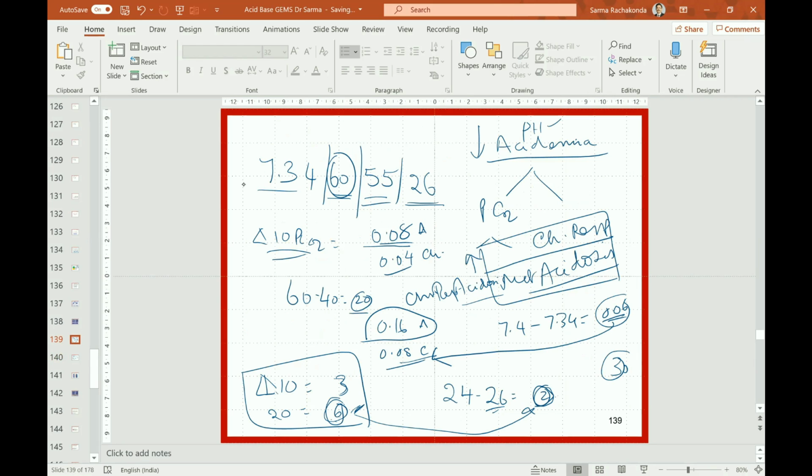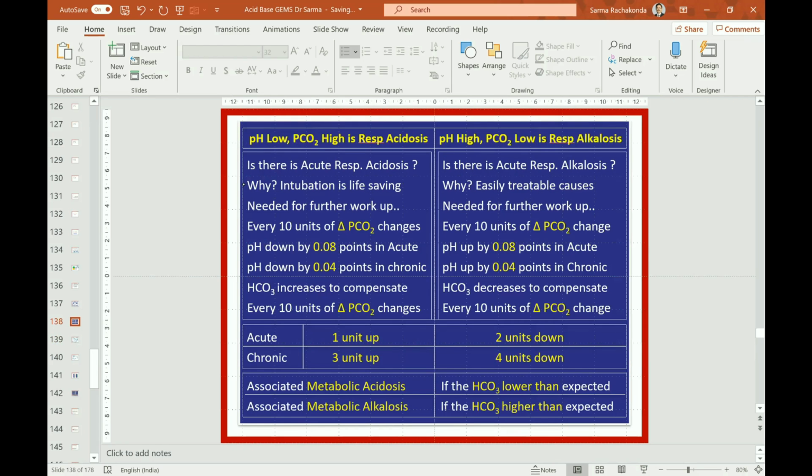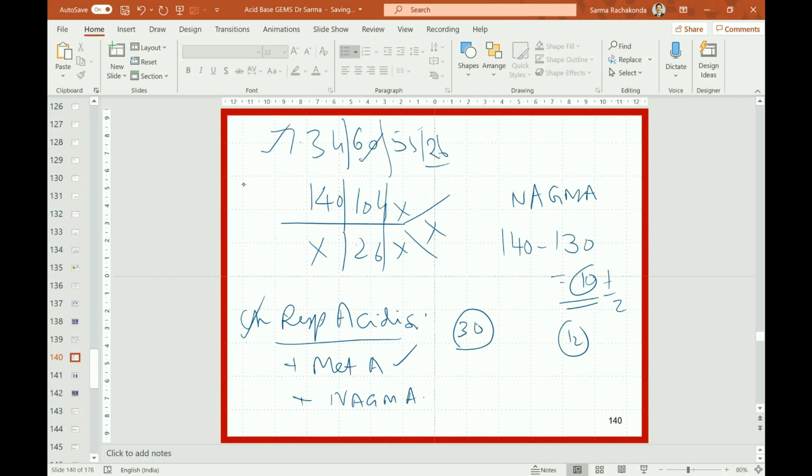If 24 is the normal value, I add the 6 and I should get 30. But my bicarbonate is lower than that, and if it is lower, there is metabolic acidosis. Then the question is whether it is gap or non-gap. We worked out it is non-gap. So it is NAGMA associated with chronic respiratory acidosis.